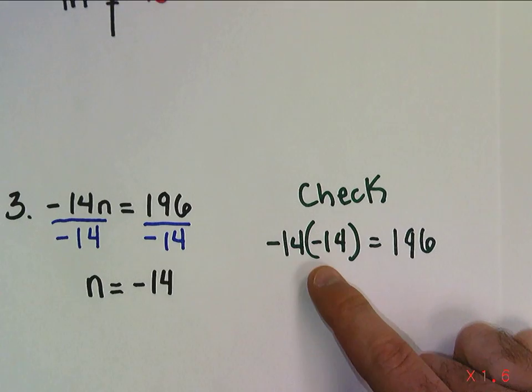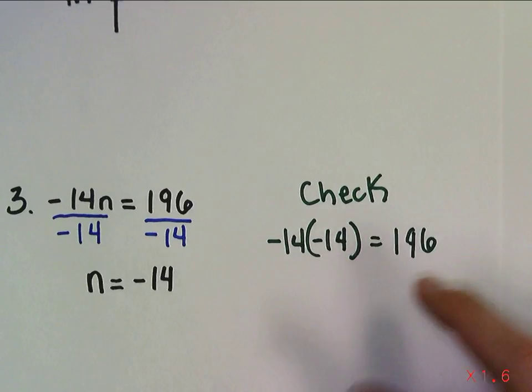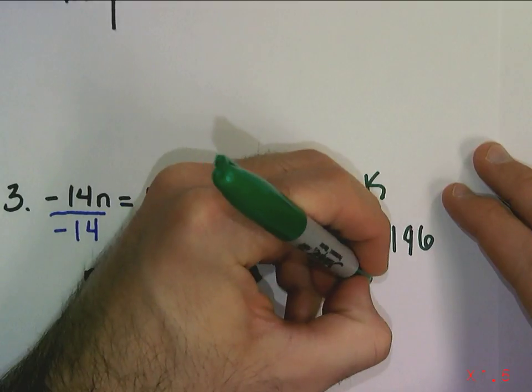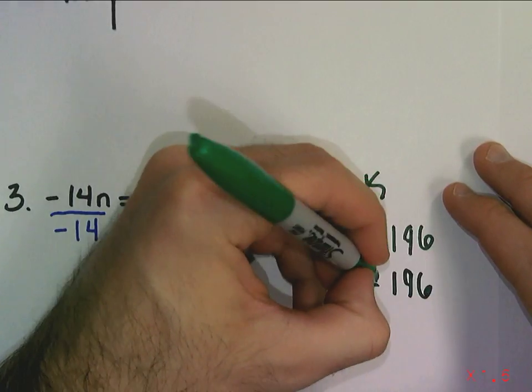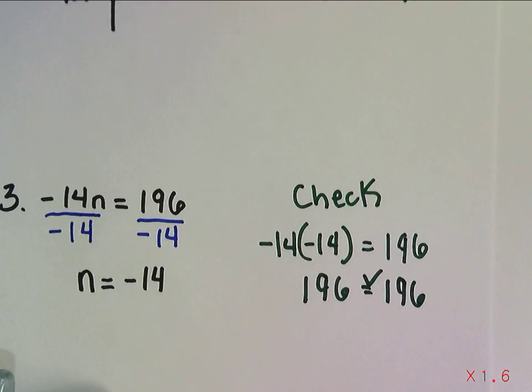Well, I know that squaring 14 or a negative 14 would give me 196, so therefore 196 is equal to 196. It checks out. That took me an extra 5 seconds to check that, okay, maybe a little bit more, but there's value in checking your answer, so please do that.